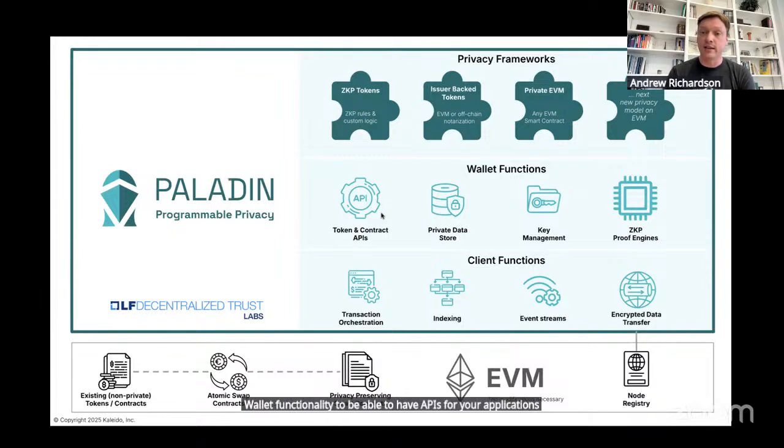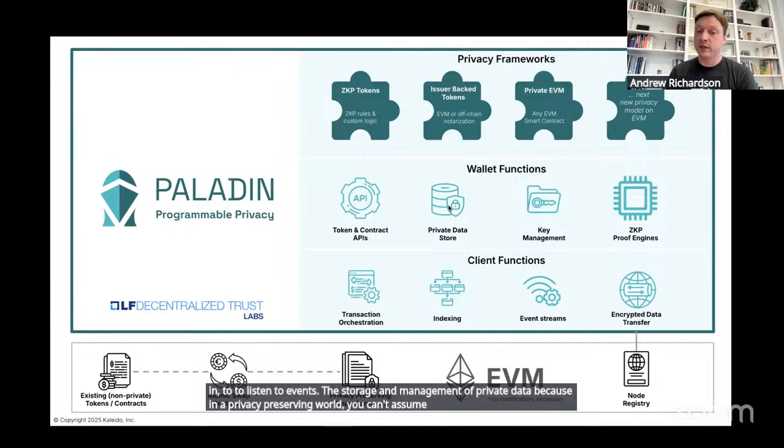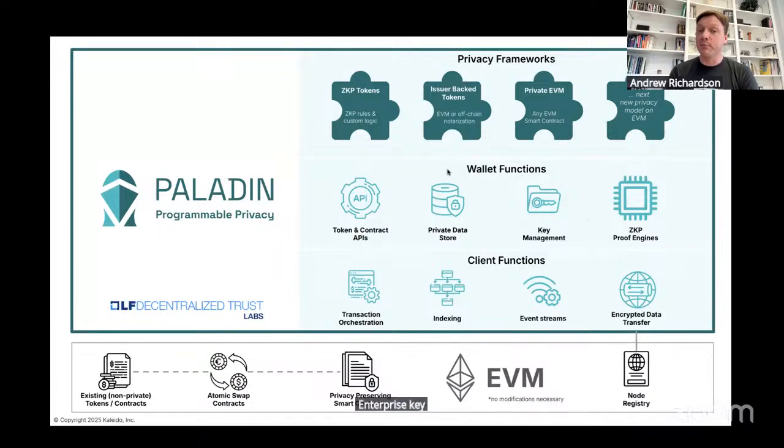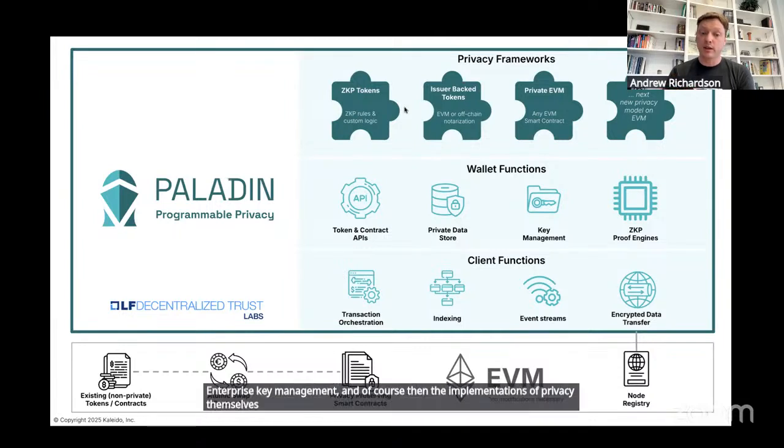the storage and management of private data, because in a privacy preserving world, you can't assume that other people are looking after your data for you. You have to reliably look after it for yourself. Enterprise key management, and of course, then the implementations of privacy themselves, the off-chain part of the privacy-preserving smart contract.